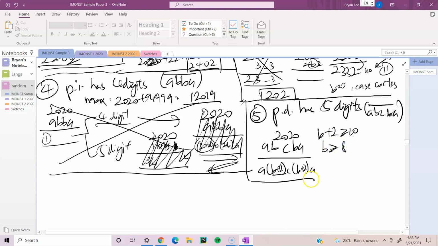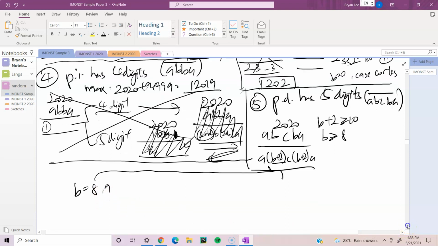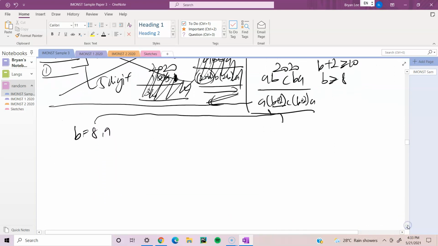So we need to consider 2 cases again. Let's consider the cases where B equals 8 or 9, and another case where B is from 0 to 7.